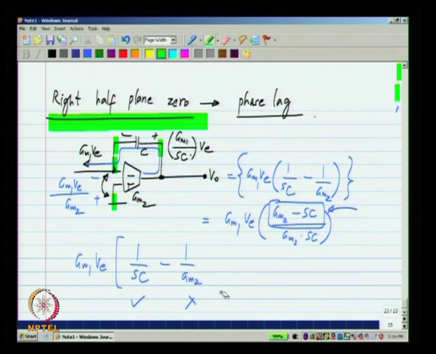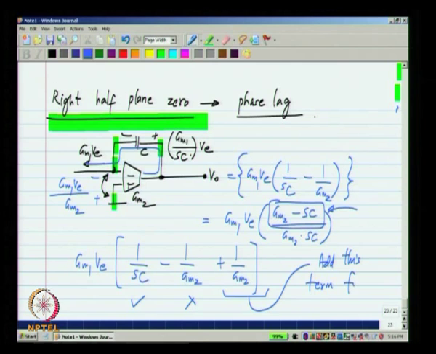We have to add plus 1 over GM2 in some way or the other, for eliminating the right half plane 0. If we do that, then this simply cancels with that and we will be left with only the integrator.